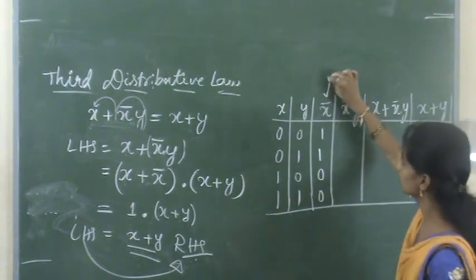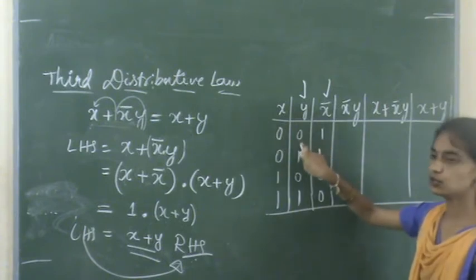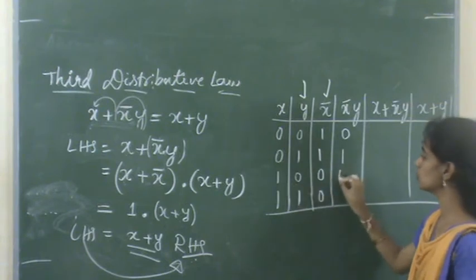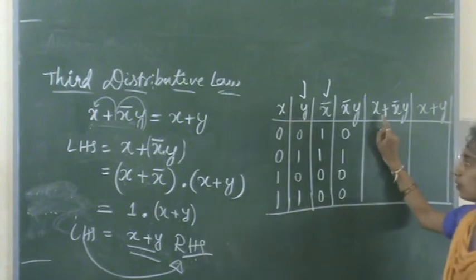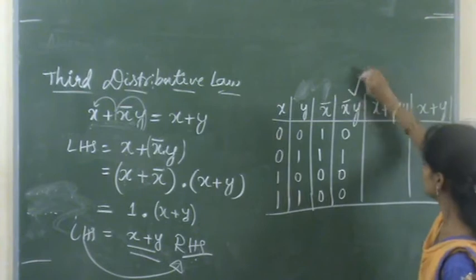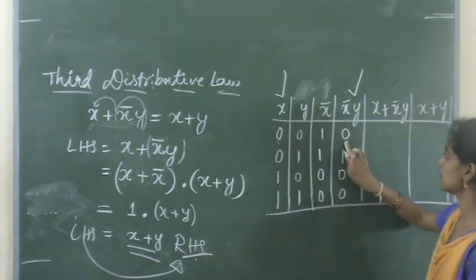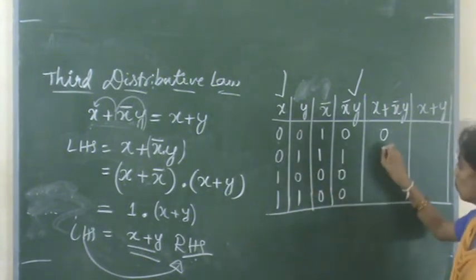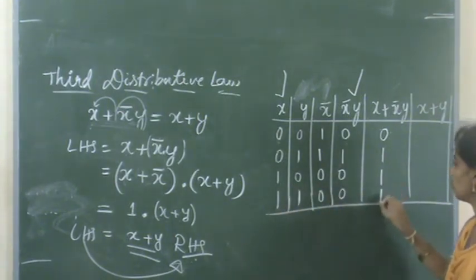So we take this x bar and y. 1 into 0 is 0, 1 into 1 is 1, 0 into 0 is 0, 0 into 1 is also 0. Now we perform x plus x bar y, which means we take x and then this column. So 0 plus 0 is 0, 0 plus 1 is 1, 1 plus 0 is 1, 1 plus 0 is 1.